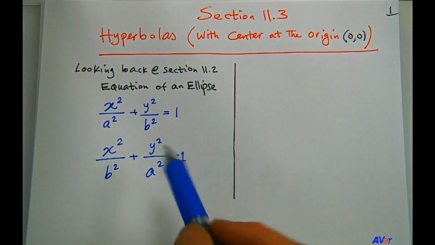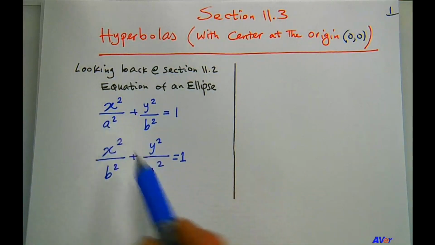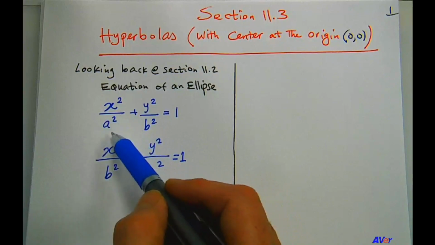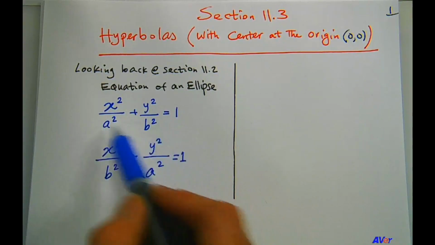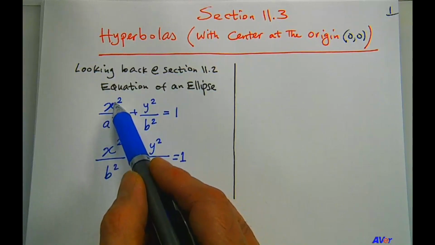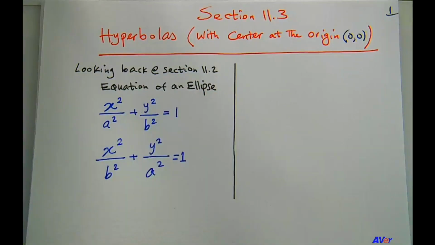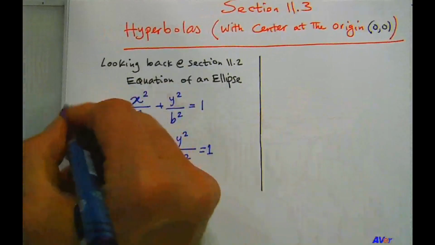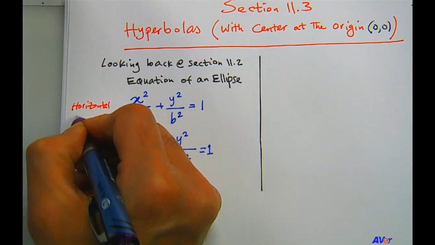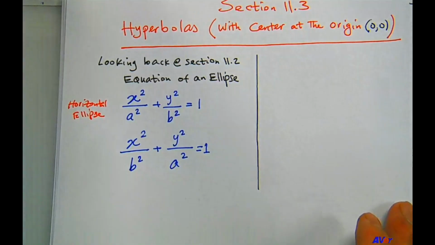So here, in this situation, you can interchange the denominators. You could put a squared under x squared, which would make it a horizontal ellipse, with its major axis directed along the horizontal axis.